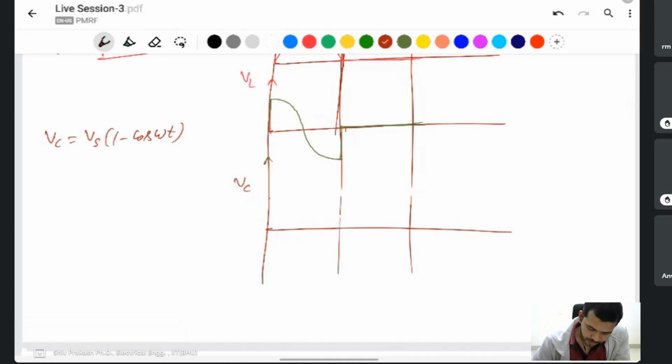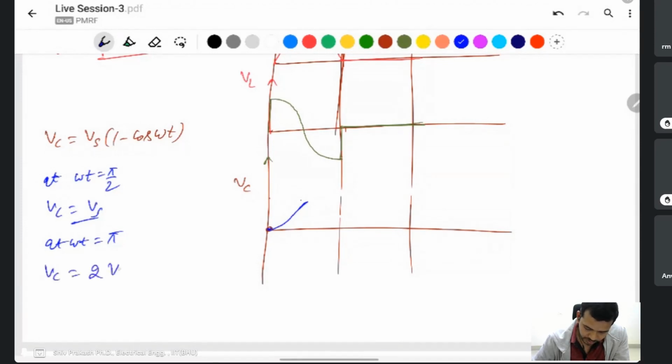If you draw it, at omega t equal to pi by 2, cos omega t is 0, so Vc is equal to Vs. At omega t equal to pi, cos pi is minus 1, so 1 minus (minus 1) gives Vc equal to 2 Vs. This one is Vs, this one is 2 Vs. The capacitor voltage remains at 2 Vs.